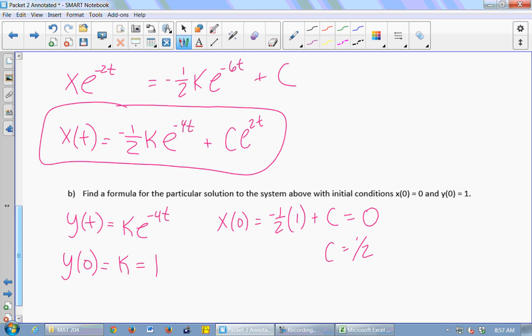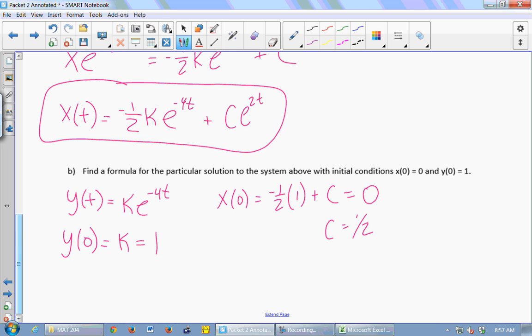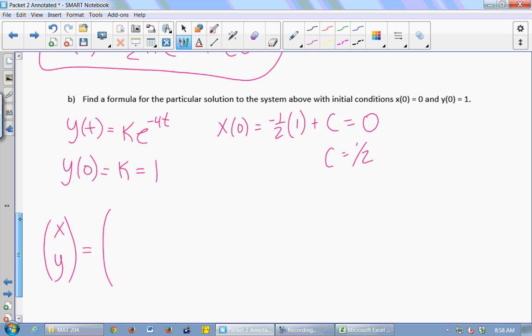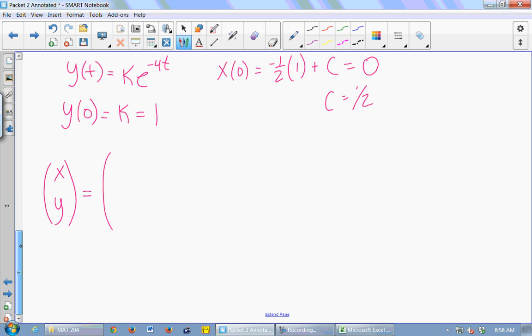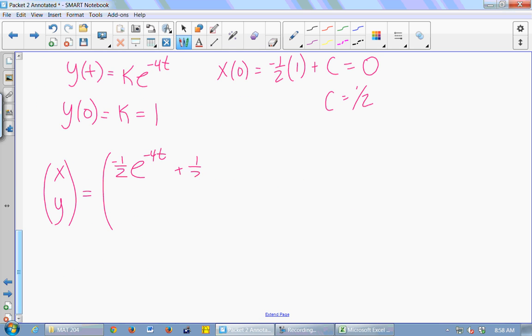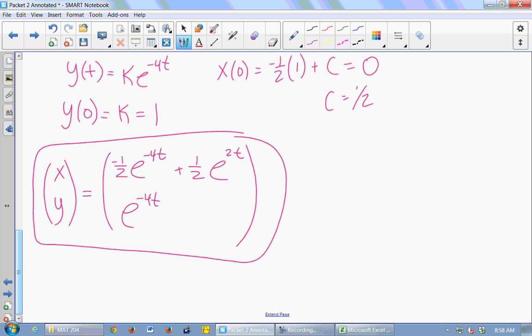And then my answer, I have to actually rewrite out the functions, replacing the c's and the k's with the numbers. Okay, so x is negative 1/2 e to the negative 4t plus 1/2 e to the 2t, and y is e to the negative 4t. So there's my explicit solution.